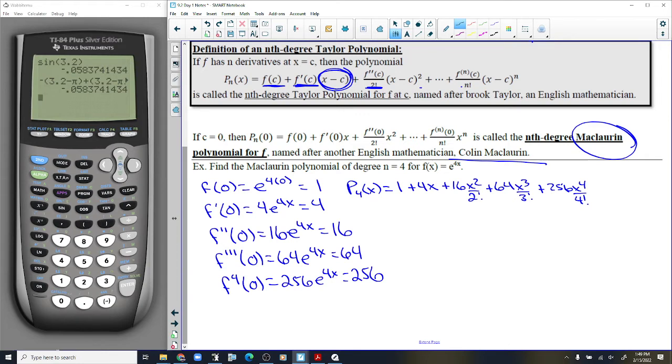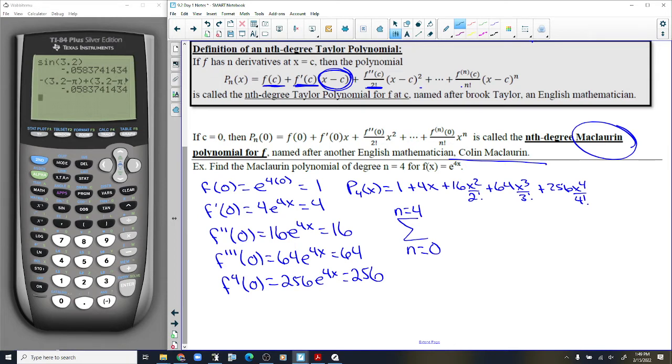But how would we use summation notation for this? N equals, that's over 0 factorial, 1 factorial, 2, and 3. So I'm going to start at 0, and 0, 1, 2, 3, 4. I'm going to go all the way up to n equals 4.